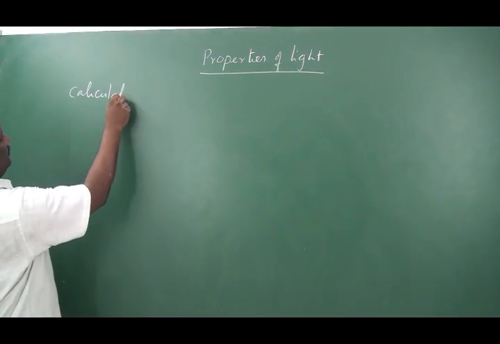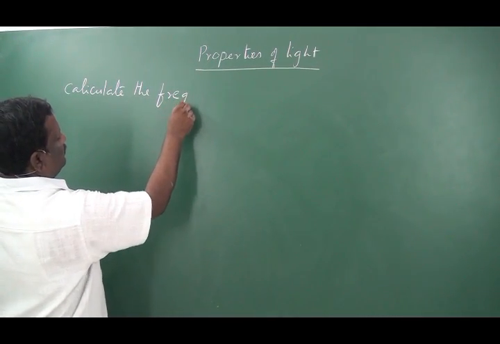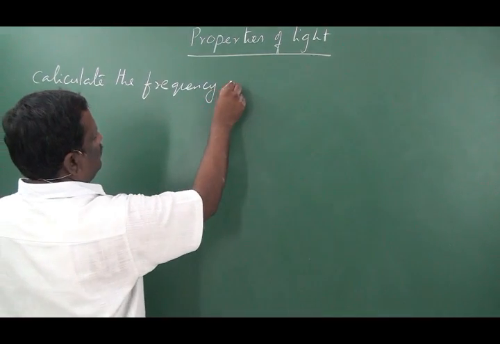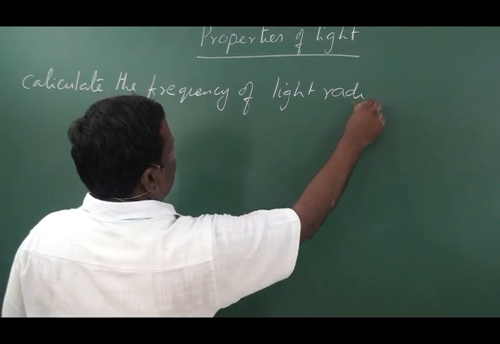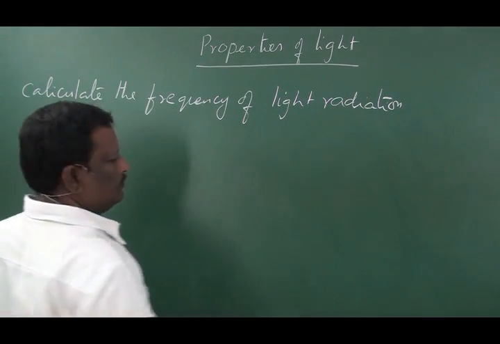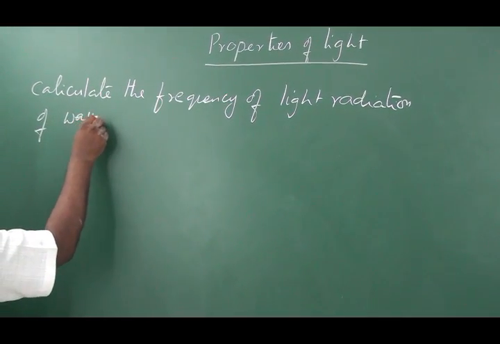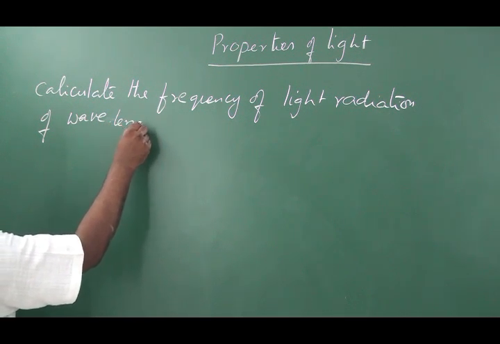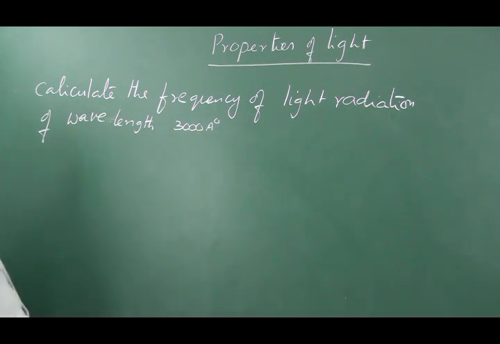Number 1: calculate the frequency of light radiation of wavelength 3000 angstroms.